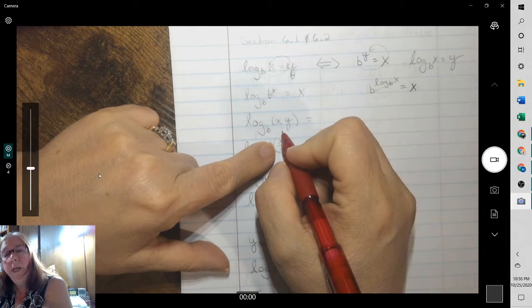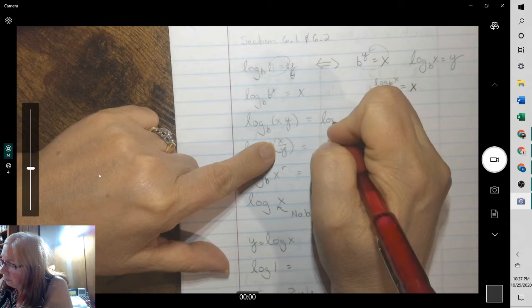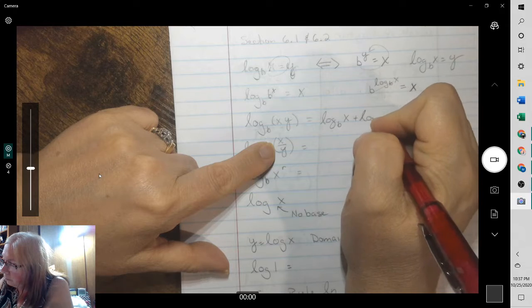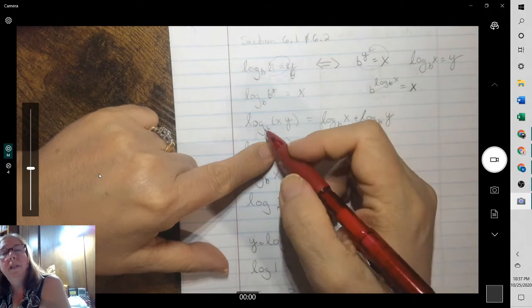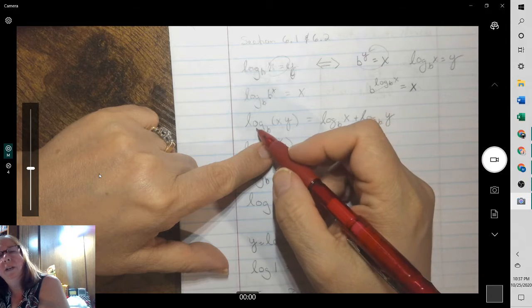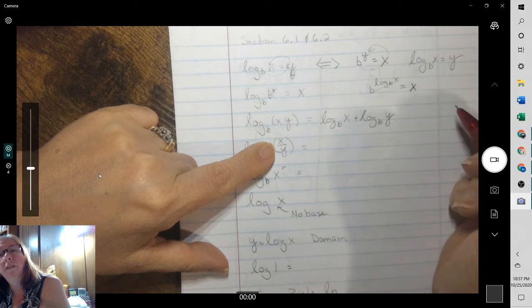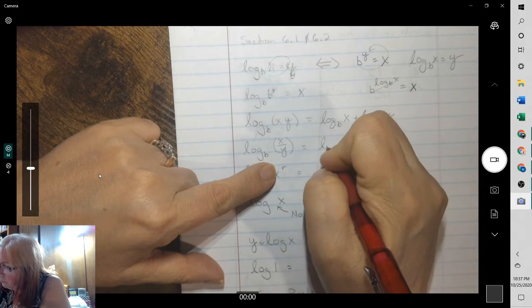When we're multiplying, you can add them. And the natural log is the same thing. If you have a natural log of xy, it's natural log x plus natural log y. Same thing with multiplication. It's both.